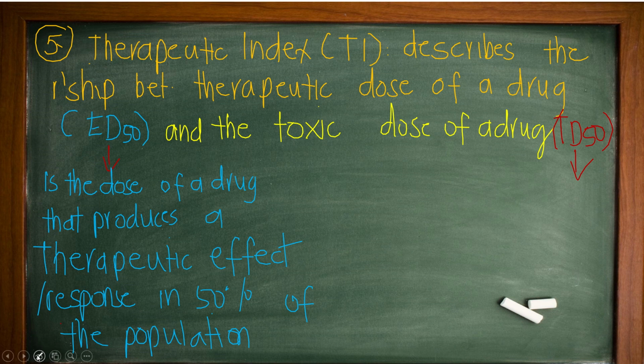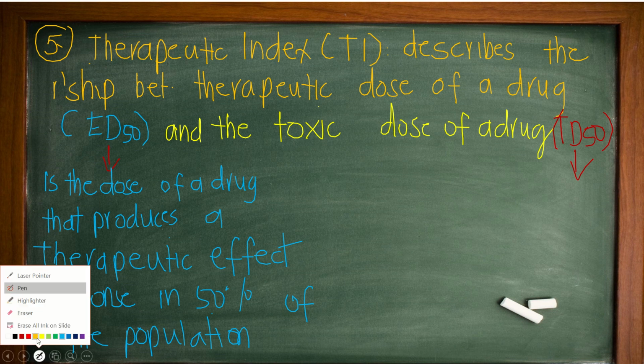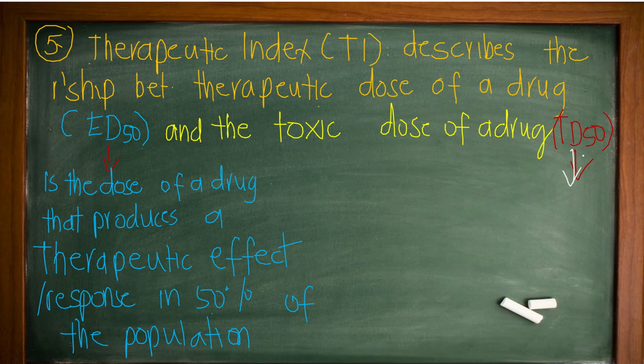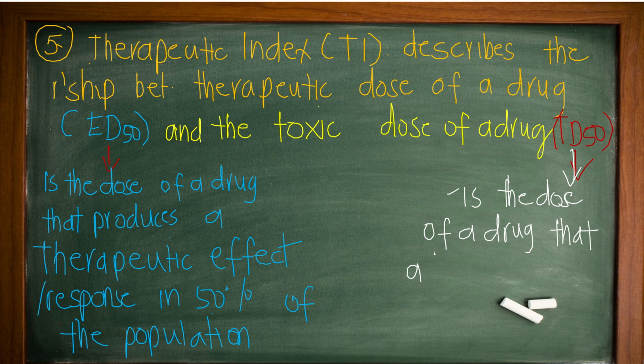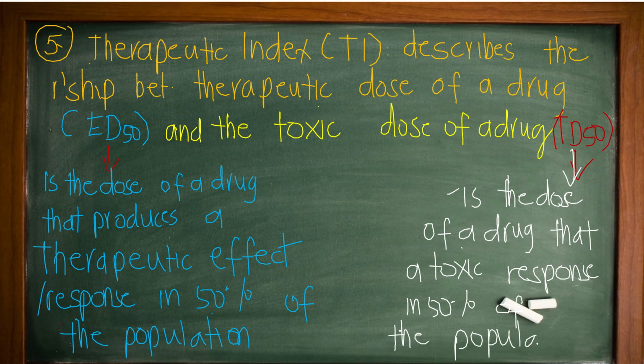While your TD50, oh, ano ang tinatawag na TD50? The toxic dose of a drug. Your TD50 is simply described as the dose of a drug that produces a toxic response, obviously, in 50% of the population.